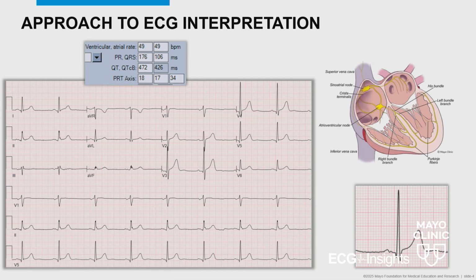One of the most important leads among your inferior leads happens to be AVF, because based on the Einthoven triangle, that tends to be right in the middle between leads 2 and 3. Then moving over to V1, last month we talked about R-wave progression, starting out here in V1, moving all the way through V6. When you're talking about contiguous leads, V1 and V2 tend to be your septal leads, then moving into your anterior leads in V3 and V4.